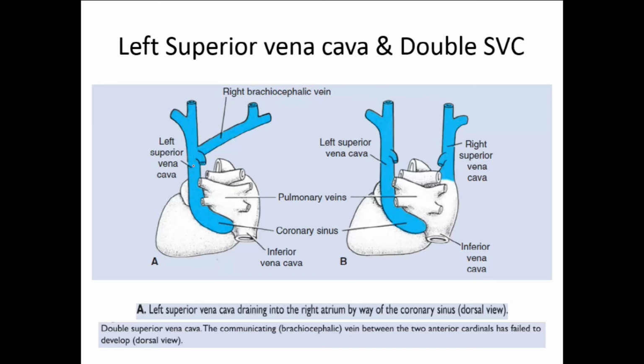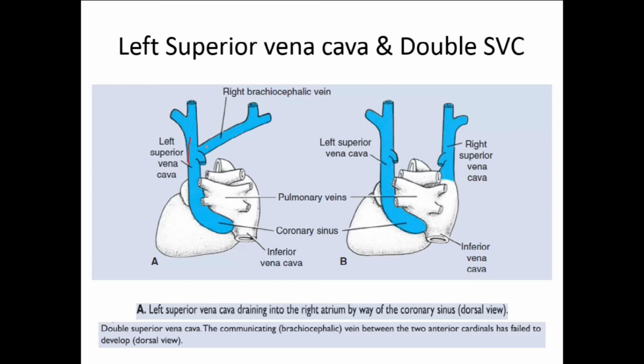The structures which are normally obliterated, that is the common cardinal vein and part of the anterior cardinal vein, will persist in this condition and form the left superior vena cava.